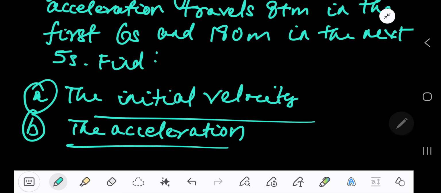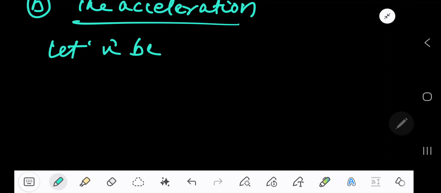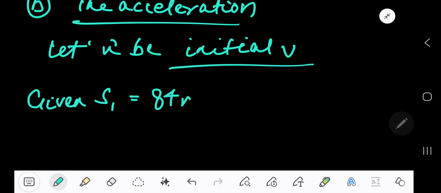Okay, so let u be the initial velocity. Given distance 1, which we can say s1, equals 84 meter, and time 1 is 6 seconds, which was taken to cover this 84 meter.